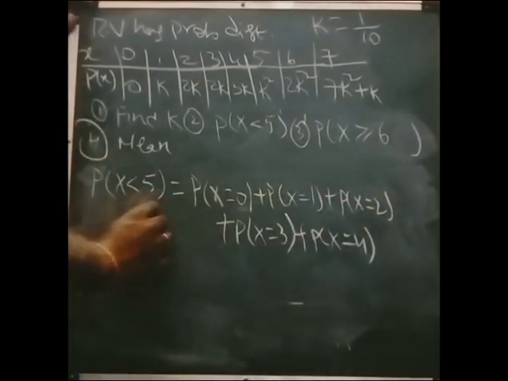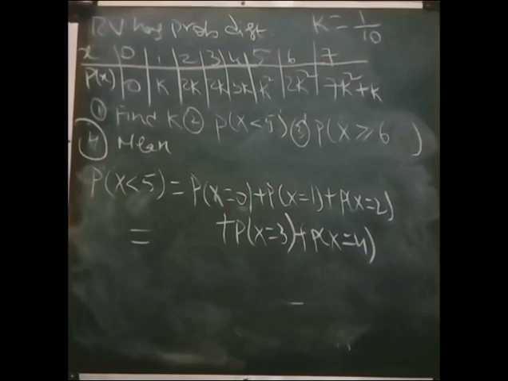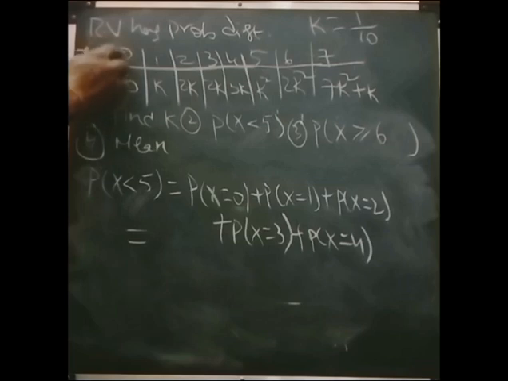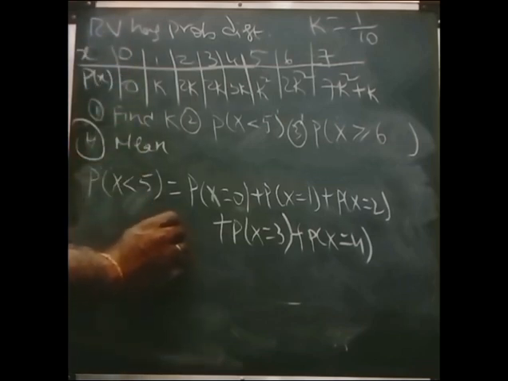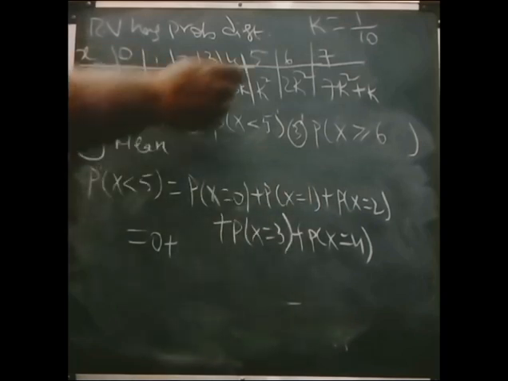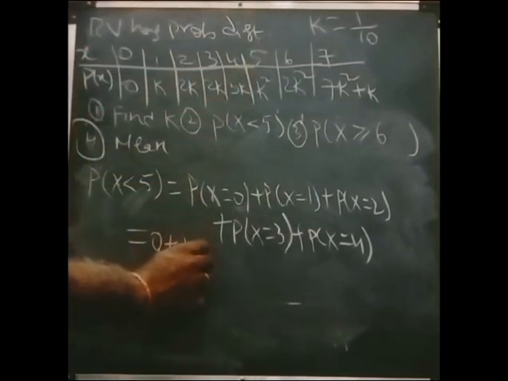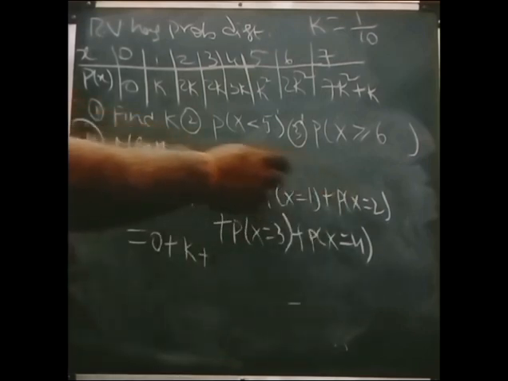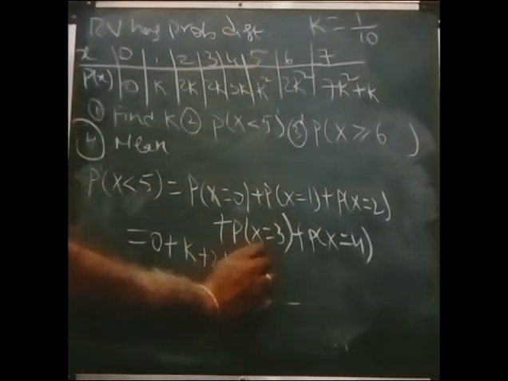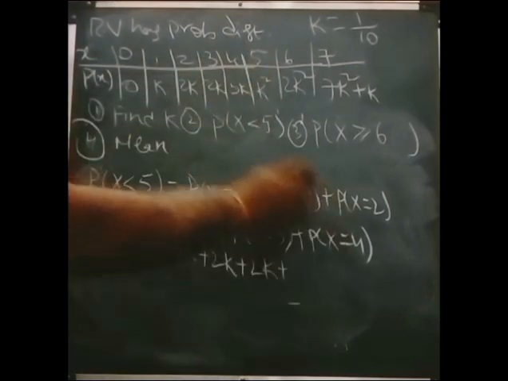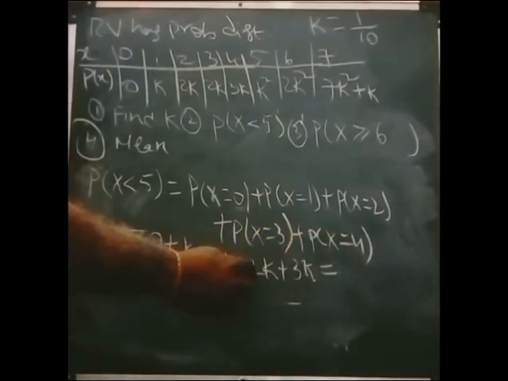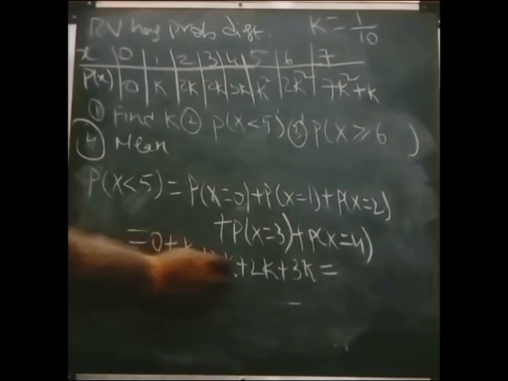Now let me write the probability values corresponding to each value assigned to the random variable x. For x equal to 0, the probability is 0 itself as per the given table, and for x equal to 1 the probability is k, and for x equal to 2 the probability is 2k, and for x equal to 3 the probability is 2k, and for x equal to 4 the probability is 3k. The sum is 3k plus 2k is 5k, plus 2k is 7k, plus k is 8k.